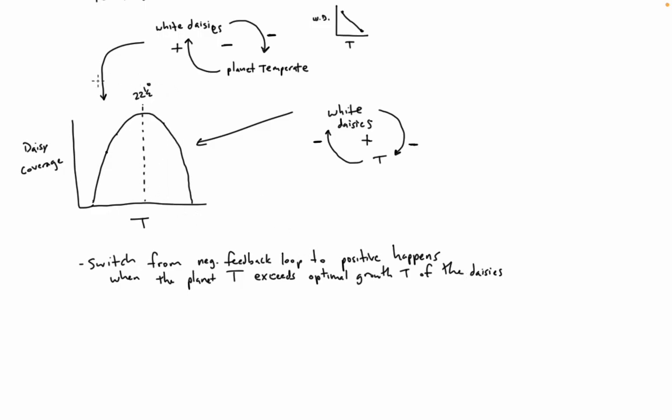So this information. In order to really describe this system, we need more than just these feedback loops. We need this information about how daisies operate. So that's worth reminding ourselves. We need more than feedback loops.